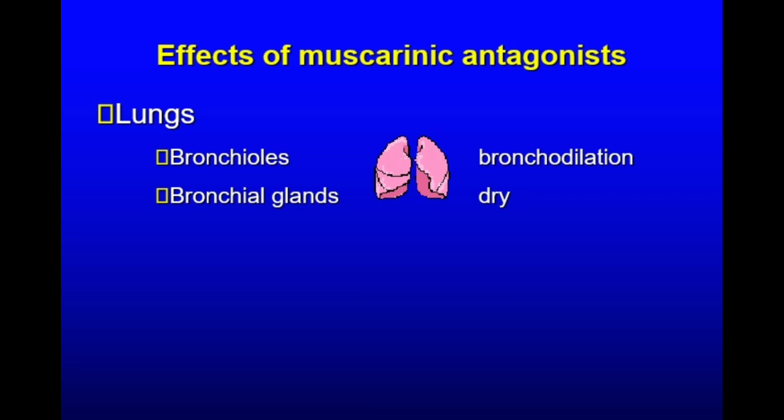On the respiratory system, muscarinic antagonists relax smooth muscle of bronchioles and cause bronchodilation and reduce bronchial secretion.